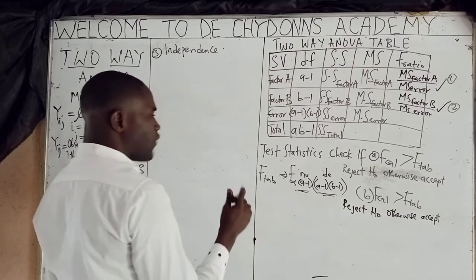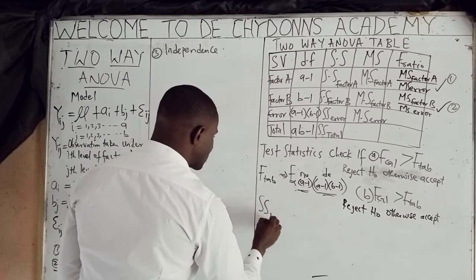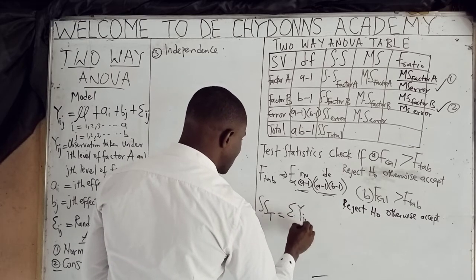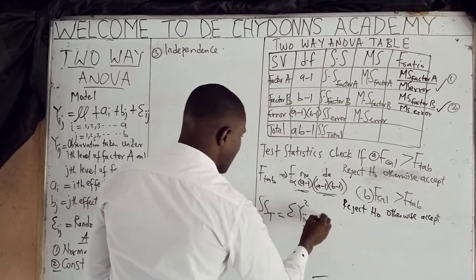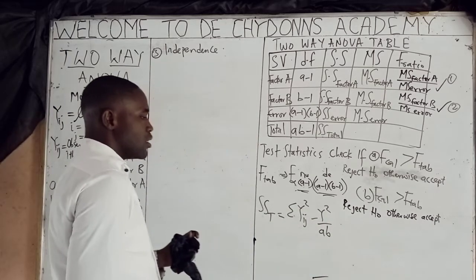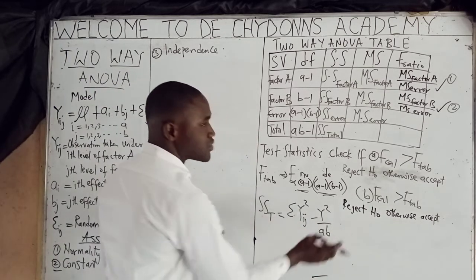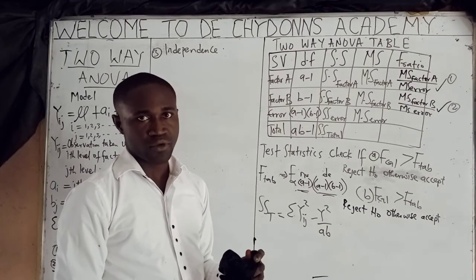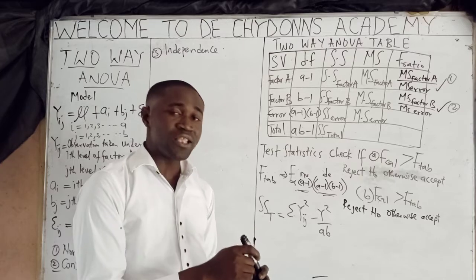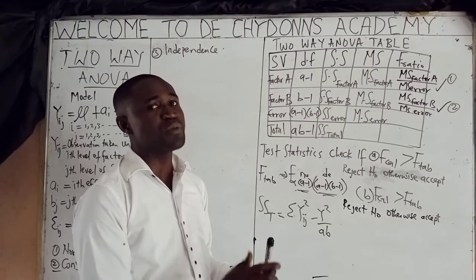Now we go into formula. How do we get SS total? SS total is equal to summation of ij squared minus y squared all over ab. All this alphabet you see us writing is called variable. In the first topic on ANOVA, we said we have to explain some terms, and one of the terms we explained was variable.